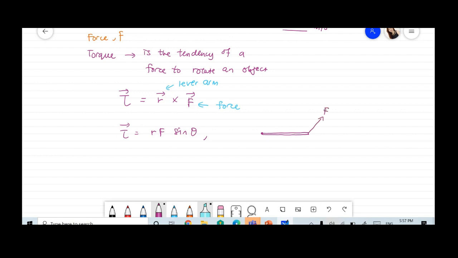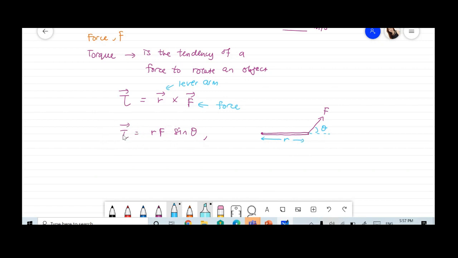The length of the wrench is r, and the direction of the force I apply compared with r is theta. From here you can find the torque applied to the wrench, because by definition, torque is r F sine theta.